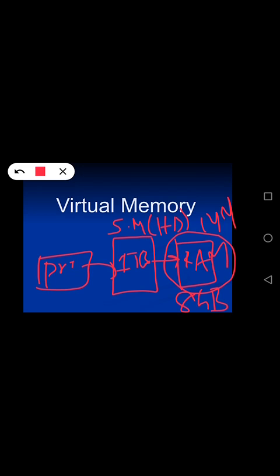The user can develop a program whose size is much bigger than the main memory. In fact, its size can be as large as the capacity of the hard disk. In this example, the size of the hard disk is 1 terabyte.